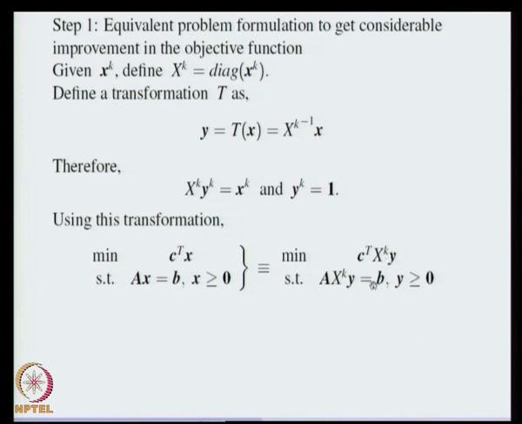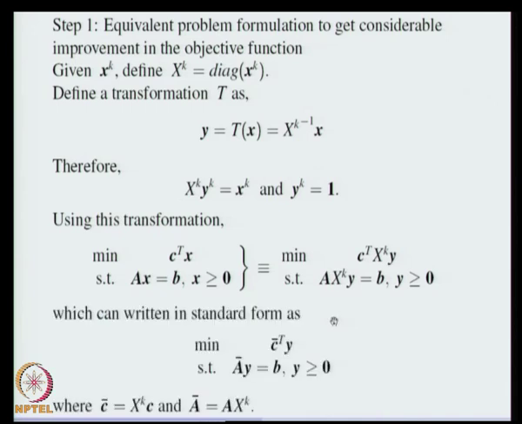The variable is now y, and this is still in the standard form, because we can combine c transpose X_k to be c bar transpose and A X_k to be A bar, and therefore it still remains a program in the standard form, where c bar is X_k c and A bar is equal to A X_k.